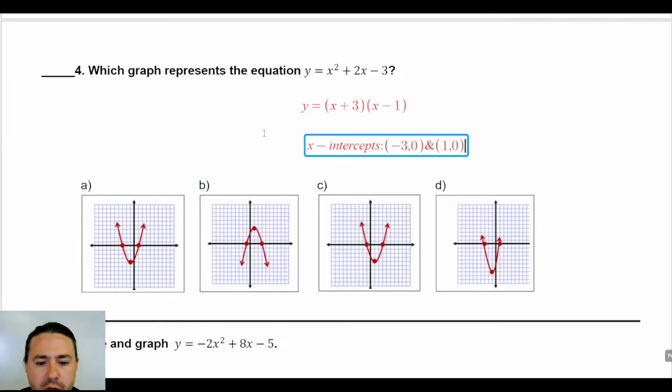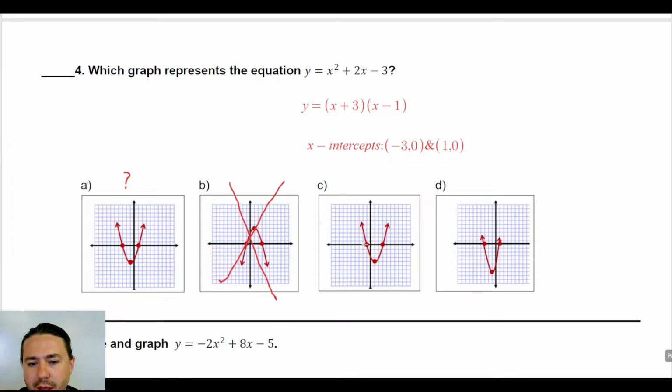So if we're looking at those, we can eliminate some of these options. So like this A has its x-intercepts at -3 and 1. So that might be the answer. This one has -1 and 3, so this one definitely cannot be the answer. -1 and 3 again, and then D has them at, what was that, -3 and 1. So it's either A or D here.